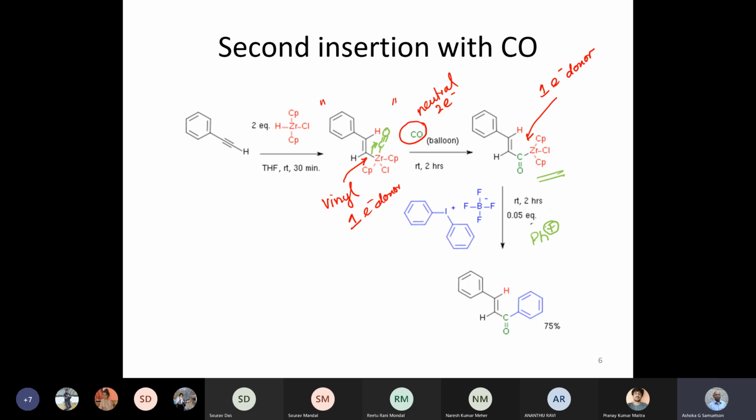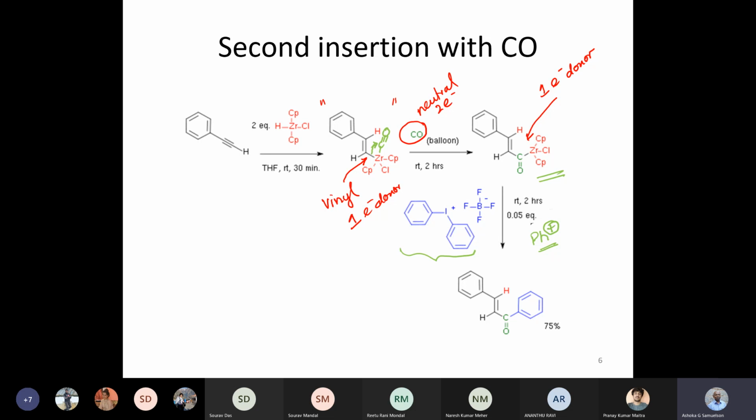The electrophile is Ph plus, but it is masked as a diphenyl iodonium cation, because generation of Ph plus itself would be difficult. So they have made it as Ph2I plus, stabilized by BF4 minus.